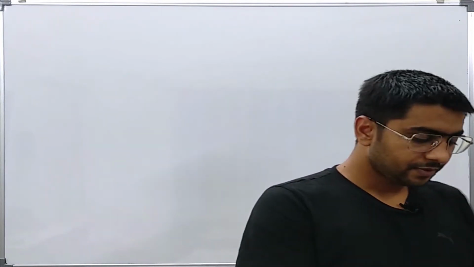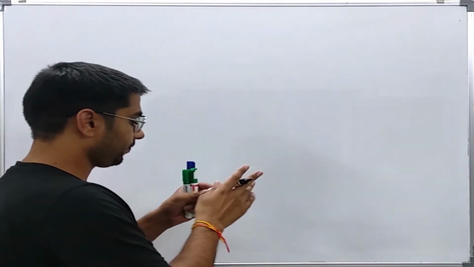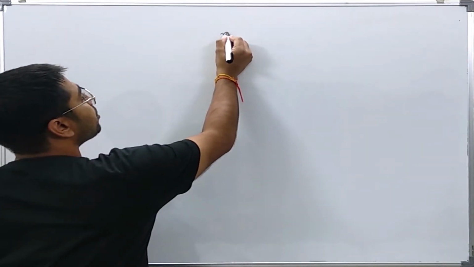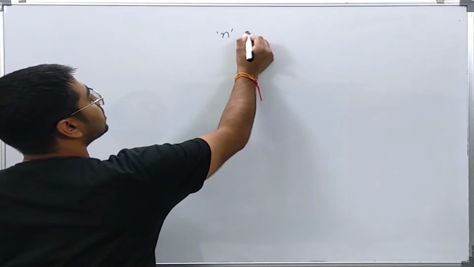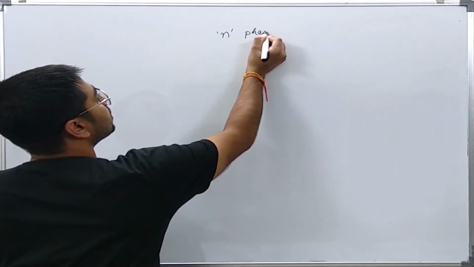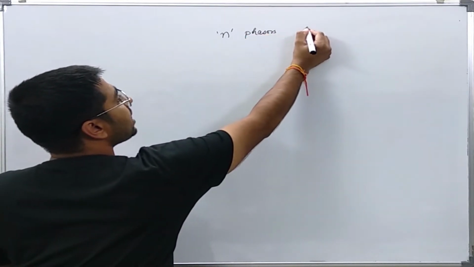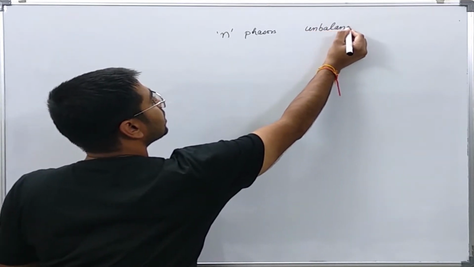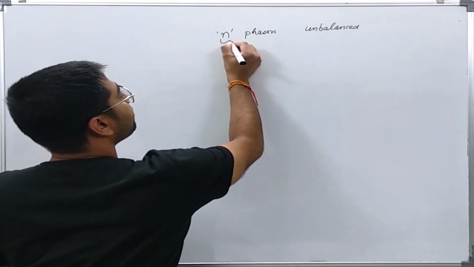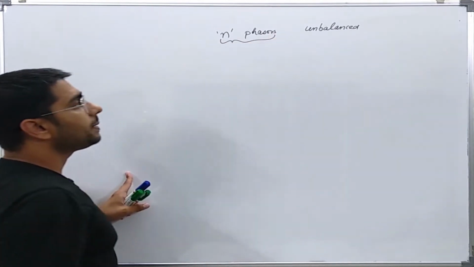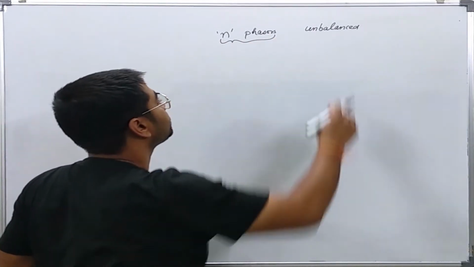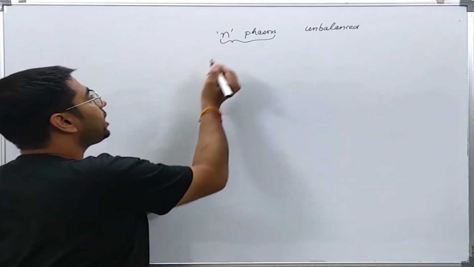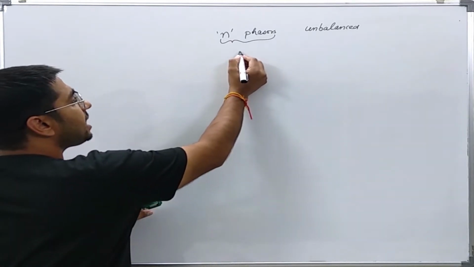For example, let us say there are n number of phasors which are unbalanced. These phasors are related with each other, but they are unbalanced. Now, according to that theorem, we can make n number of sets.